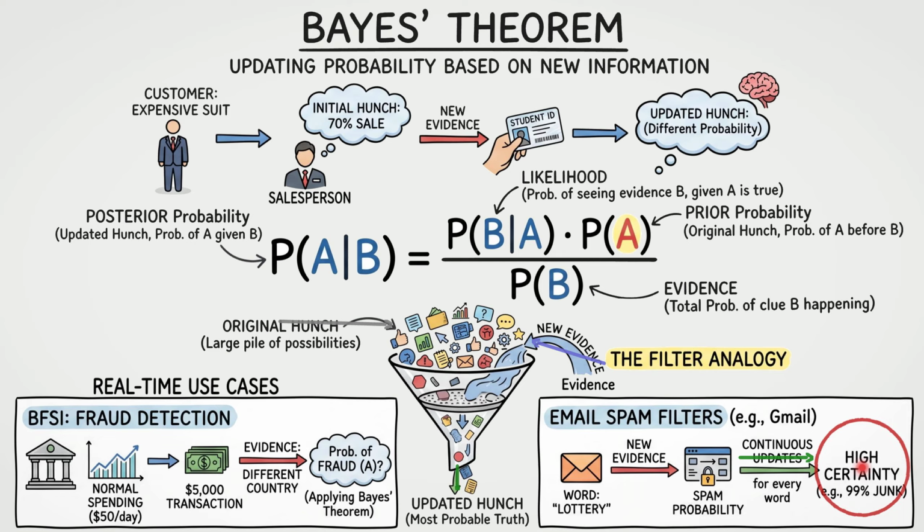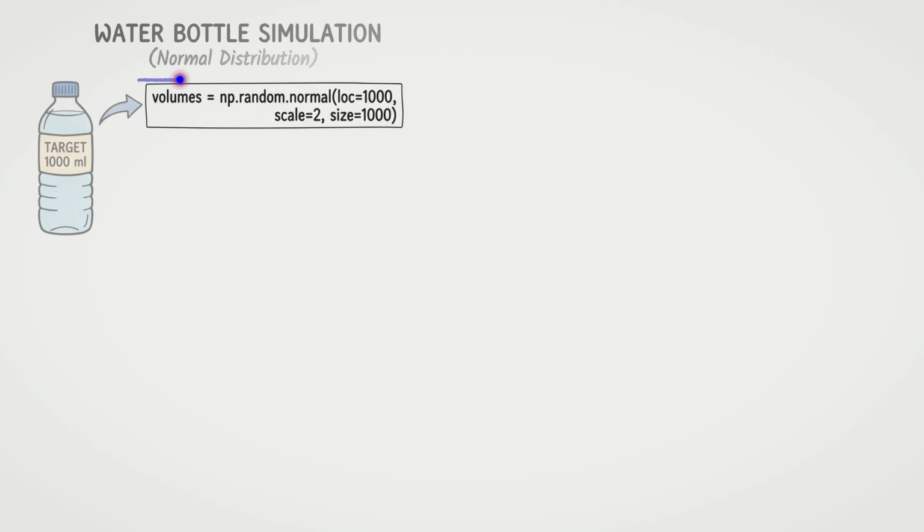Now let's step into how we can actually code and simulate these probability concepts using Python. Let's see how all these concepts come together in practice, starting with our water bottle simulation code right here. We are telling the system to generate 1000 random bottle volumes using a normal distribution. We set the target or the mean to exactly 1000 milliliters.